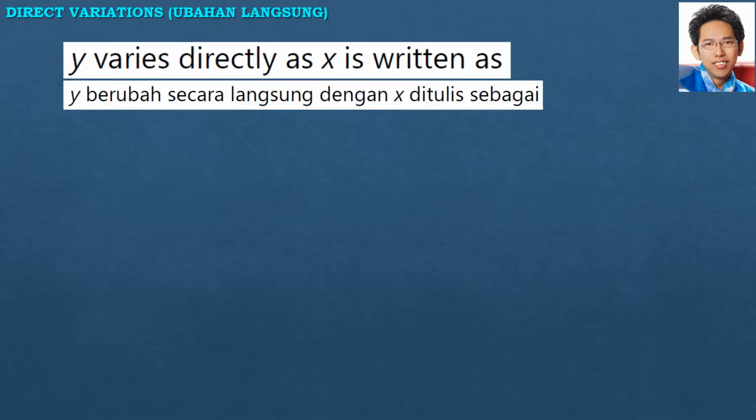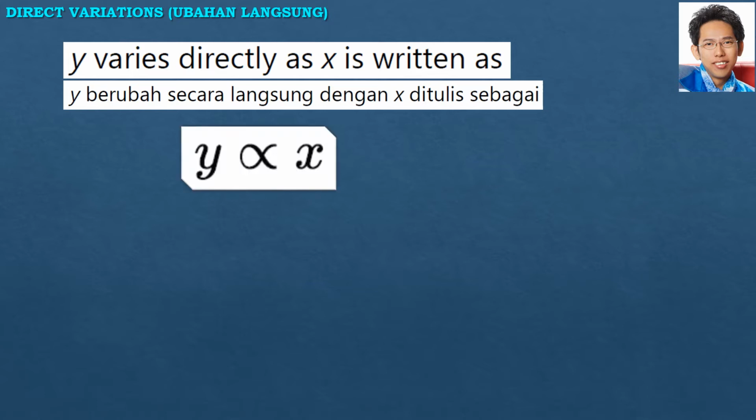Okay, so if y varies directly as x is written as, dia boleh tulis jika y berubah secara langsung dengan x, dia boleh ditulis dengan, okay, ini cara dia. So kita tuliskan for the first unknown we write in front.